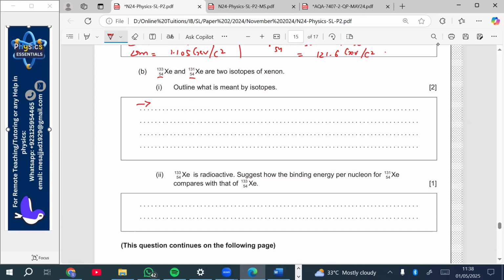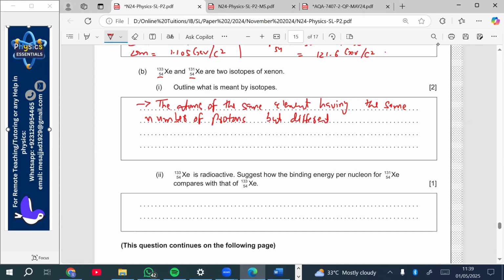So you can say the atoms of the same element having the same number of protons but different number of neutrons.